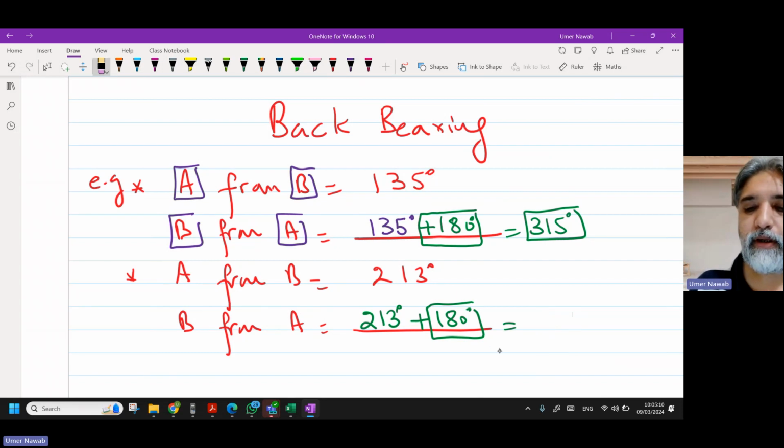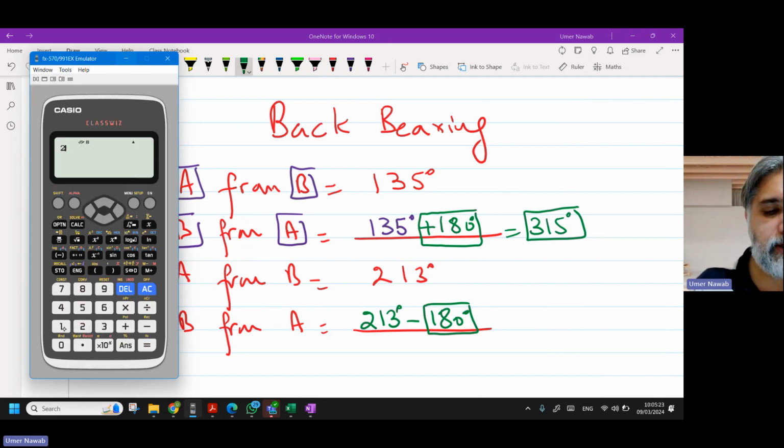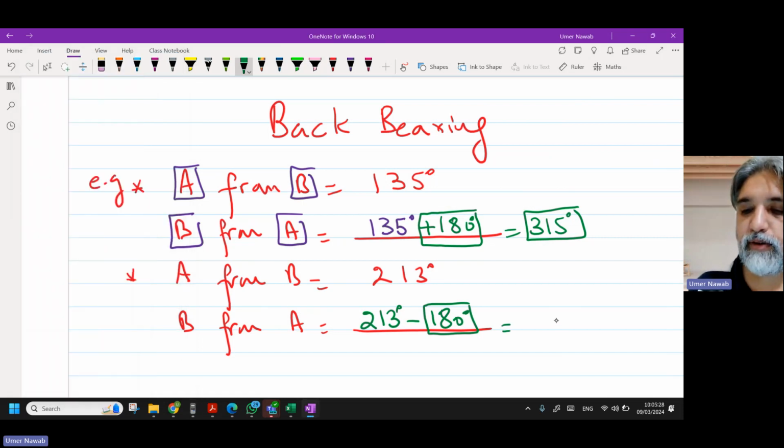What do we need to do? Instead of adding 180, you need to subtract 180, because I cannot expect to get my answer more than 360 degrees. So 213 minus 180 will give us the answer 33. 33 I cannot write, because bearing is a three-figure number. It has to be 033. So what did you learn from Mr. Omar?